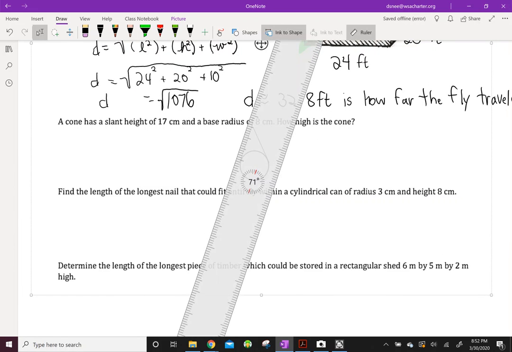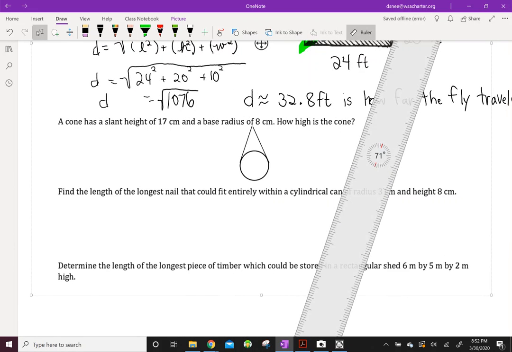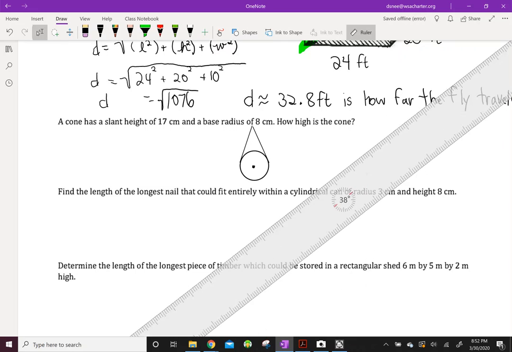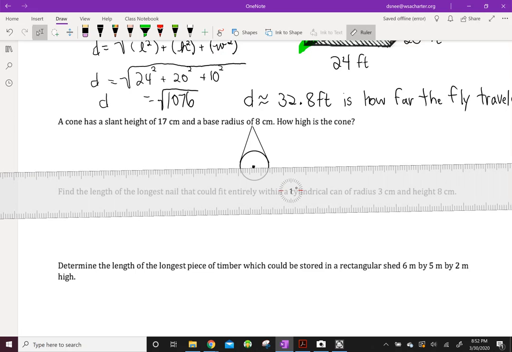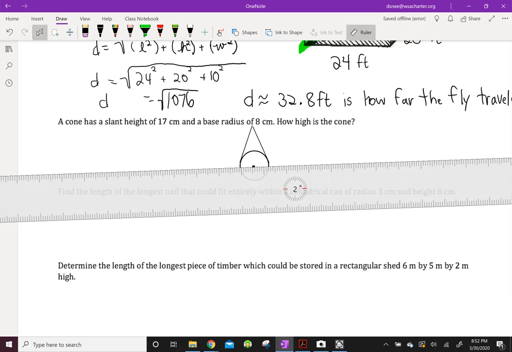So I've got this cone, right? And I know that the radius is 8 centimeters, so the radius is right there in the center, right? And then my radius is half the circumference, right?